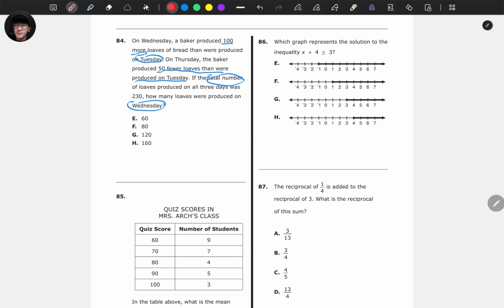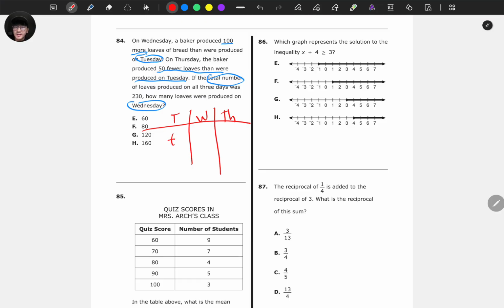So why don't I just create a little table, right? T for Tuesday, W for Wednesday, and Thursday like that. We don't know how much he produced on Tuesday, right? And a few of those days were in terms of Tuesday. So let lowercase t represent the amount that was created on Tuesday.